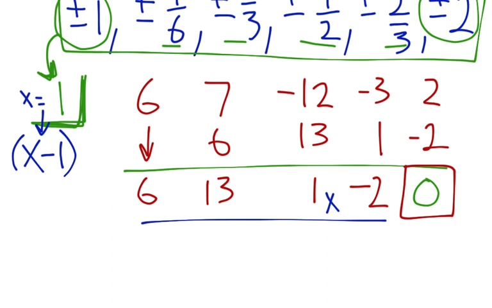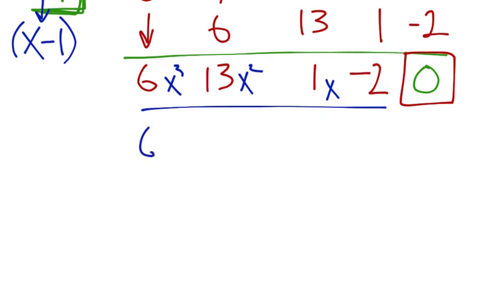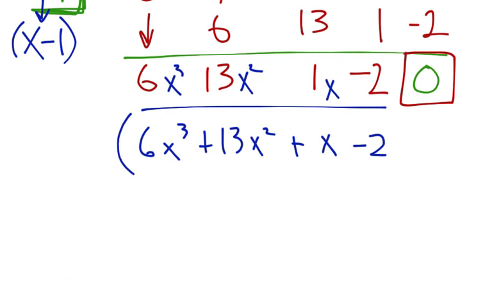Fill in my x's, x squared, x to the third. So this is my new problem. I've got 6x to the third plus 13x squared plus 1x minus 2. This is a new polynomial that I could actually take and times by x minus 1, and that would give me my original equation, the original polynomial I started with at the beginning, if I was to actually multiply this out. I'm not going to, though.